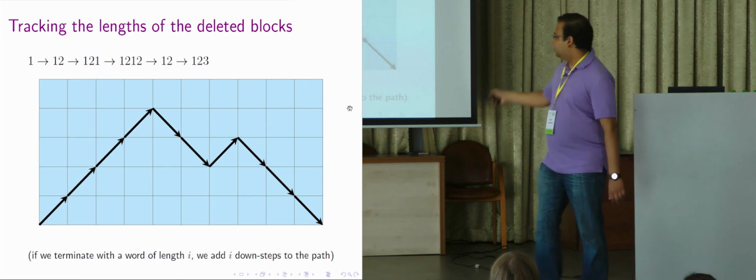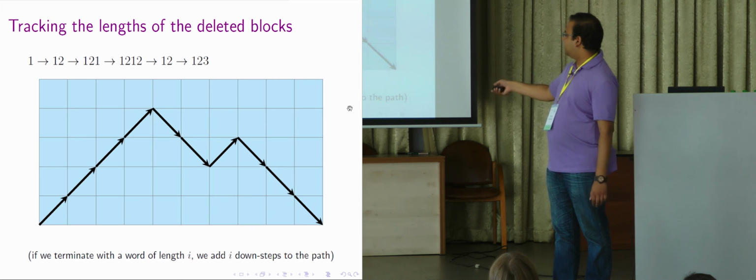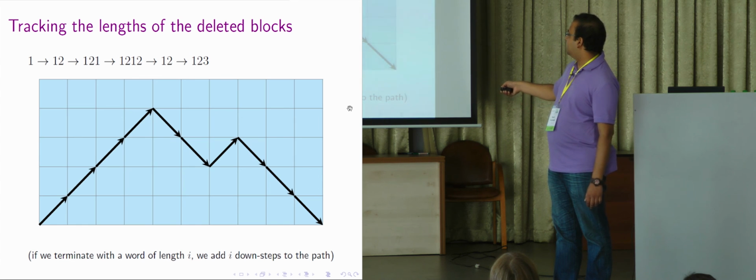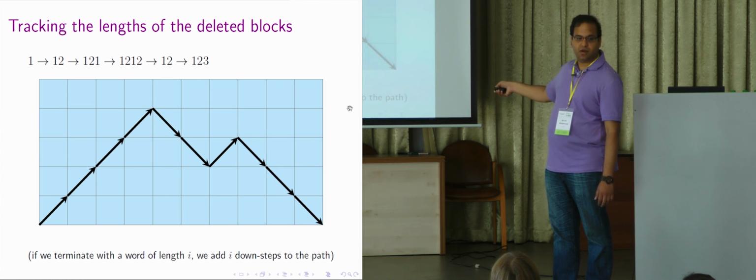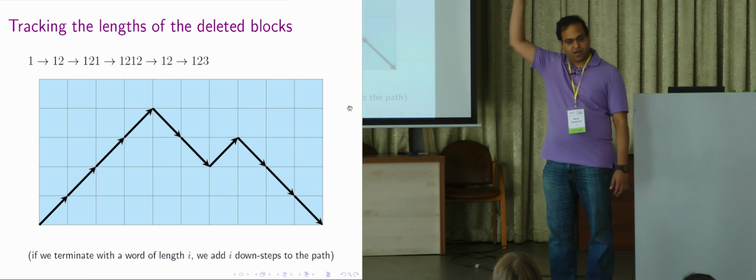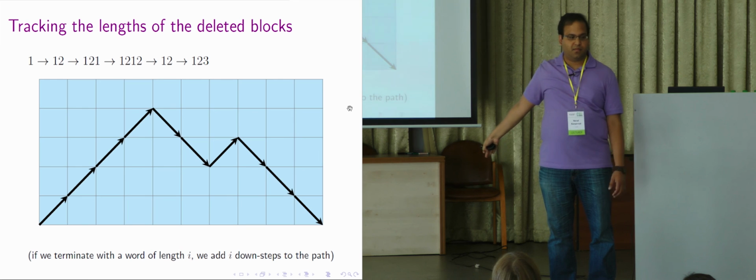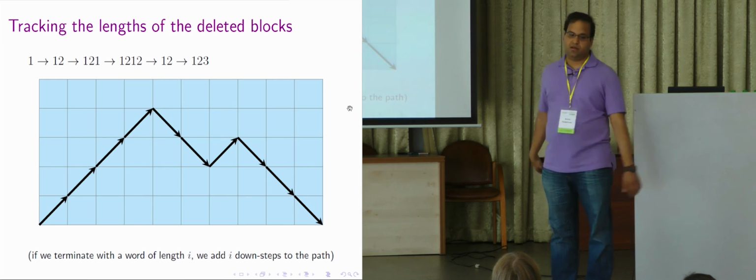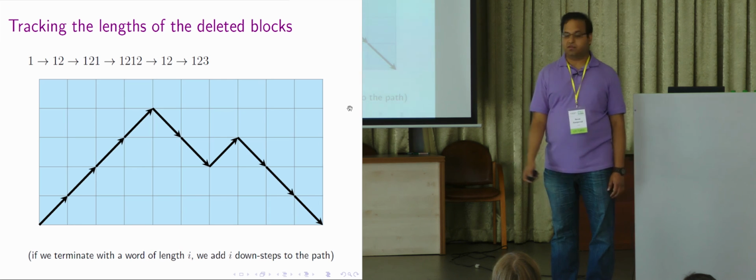Well, I just make this picture that tracks the length of the word. I extend, I extend, I extend, I extend. Oh, and then here I delete 2 characters, so I go down by 2. Then I extend, I go up, and if I extend, I go up, and if I delete, I go down. And then finally, at the very end, I just go down to the x-axis.